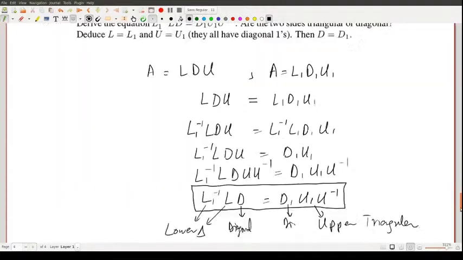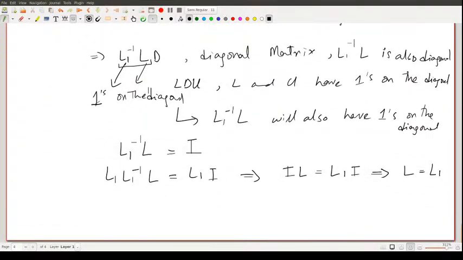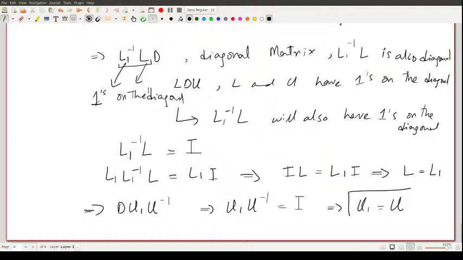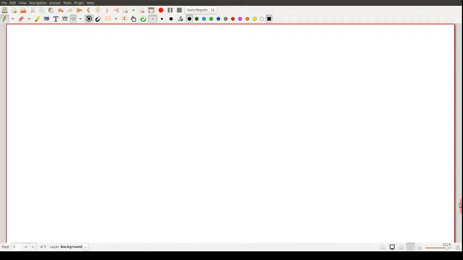Okay, same argument for the other one. Use the same argument on DU1 times U inverse, and with the same kind of argument you get U1 U inverse equals I, which tells you that U1 equals U. And finally, combining these two together, the original equation told me that L1 inverse LD equals D1 U1 U inverse.